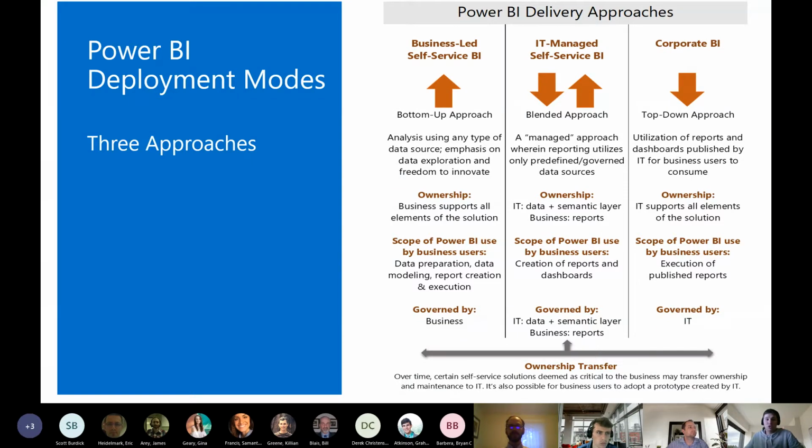This puts a lot of control within the business users themselves. I don't want to bash this one, but I see it as very difficult to govern, and I see it having some gaps in larger and larger organizations. But it is an option. You can have the business control a lot of the aspects of your rollout.